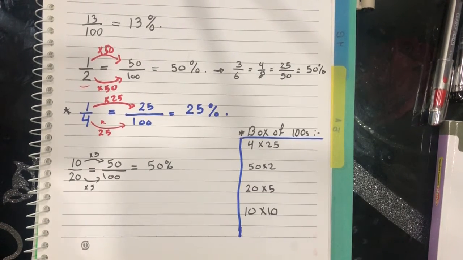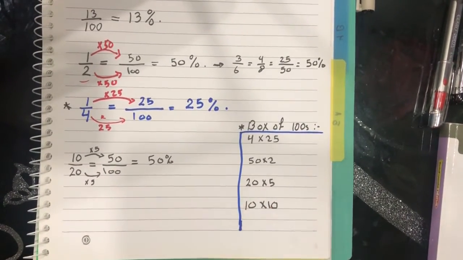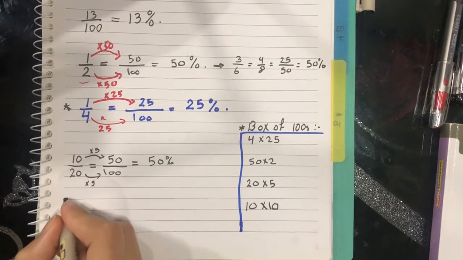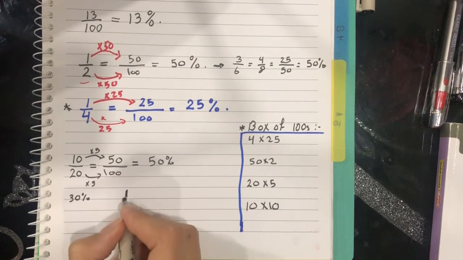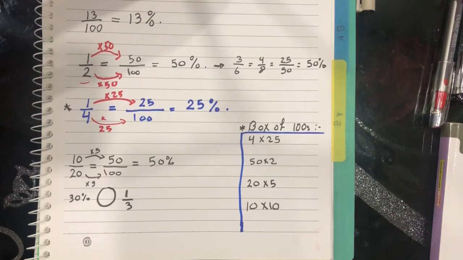Now, if I am asking you to tell me which is greater, 30% or 1 out of 3, which is greater? You need to compare between both numbers.